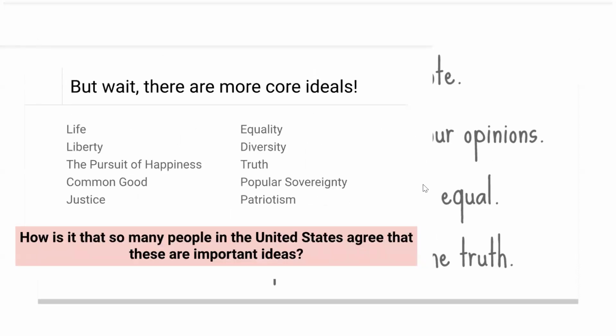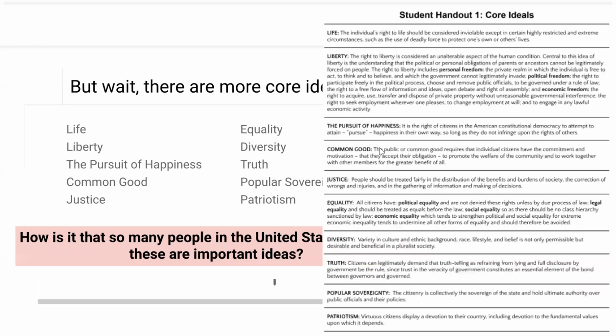So then students think about, how is it that so many people in the United States agree that these are important ideas? And kids have a chance to really sit and think about the fact that these core ideals, and they do get this handout as part of the lesson, really stem from many of our documents in the United States that are regarded as very important to the country. So when we look at these core ideals, these are things that in the United States are generally held by most people.